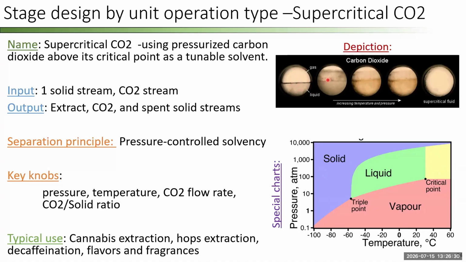So again, I can take CO2. Here's an example of it transforming. I have gas in the liquid phase. I increase the temperature and pressure. I end up with this supercritical state, which is neither liquid nor gas, but has properties of both.